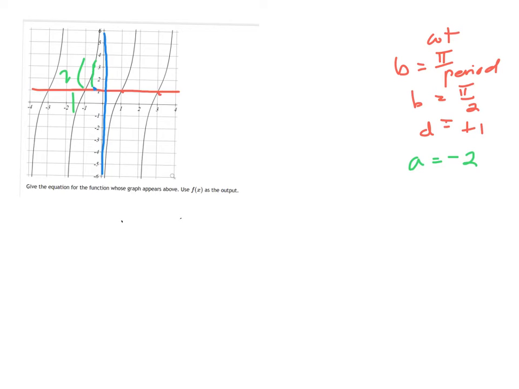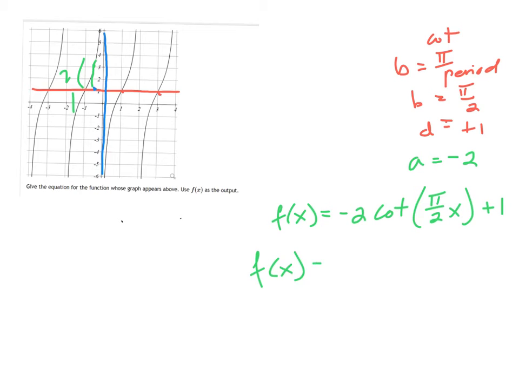So now when I write my graph out, I know that my function has to be negative 2 cotangent of pi over 2 x plus 1. There's no c, it hasn't been moved along the y-axis or the x-axis at all. So that comes from this.